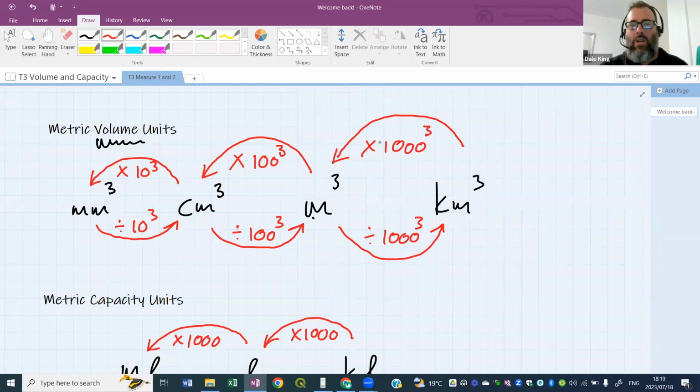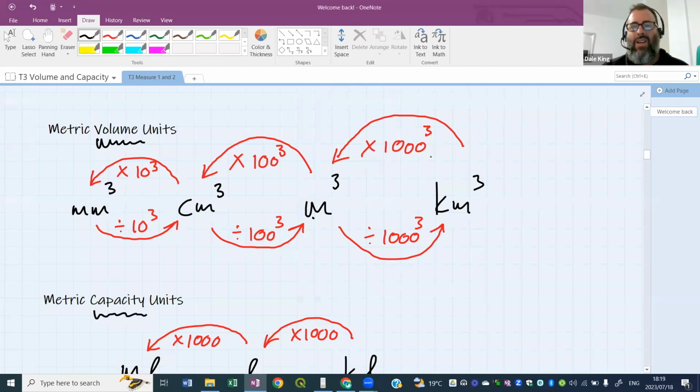It doesn't often happen that they ask you to convert between cubic units. But it can happen. But you can see here on the diagram, it's easy to remember. So those are the units that we work with in volume and capacity.